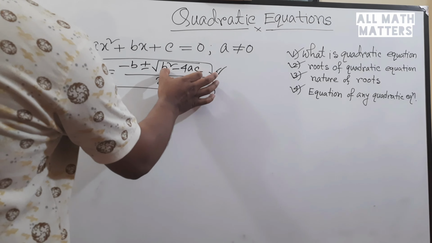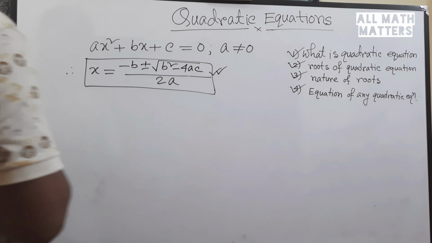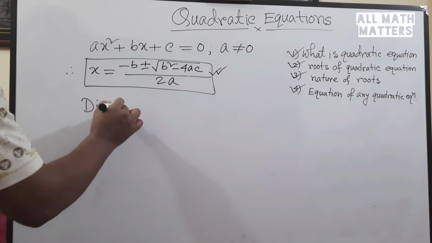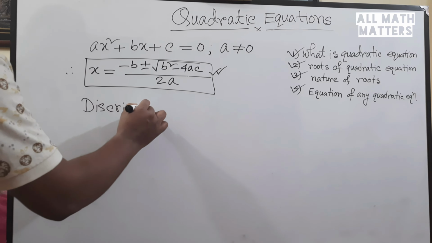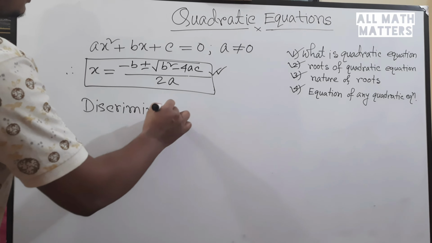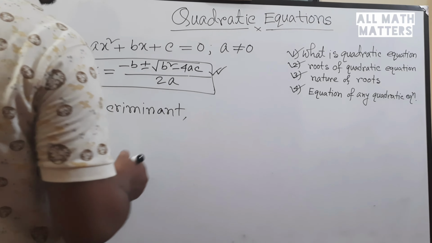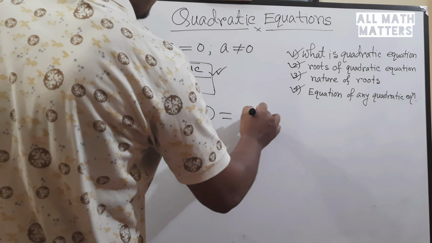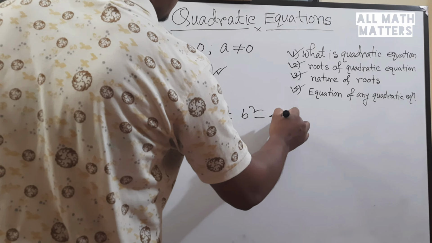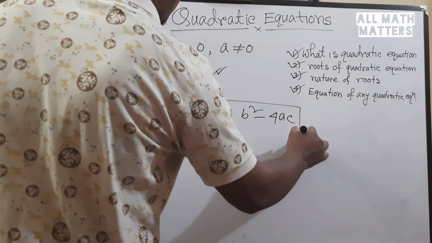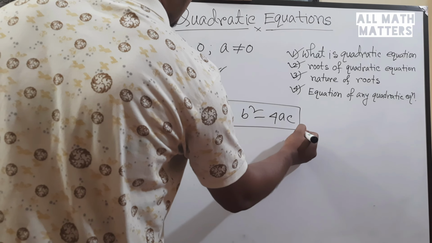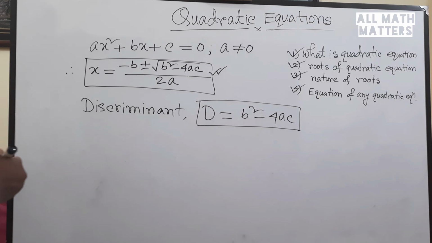That's why this value is called the discriminant. So the discriminant of a quadratic equation is D = b² − 4ac. This is so important, because by knowing the value of the discriminant you can easily say what will be the nature of the roots of this quadratic equation.